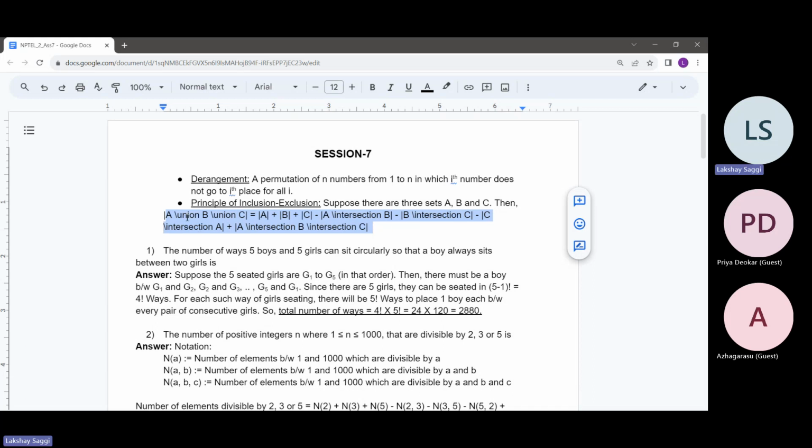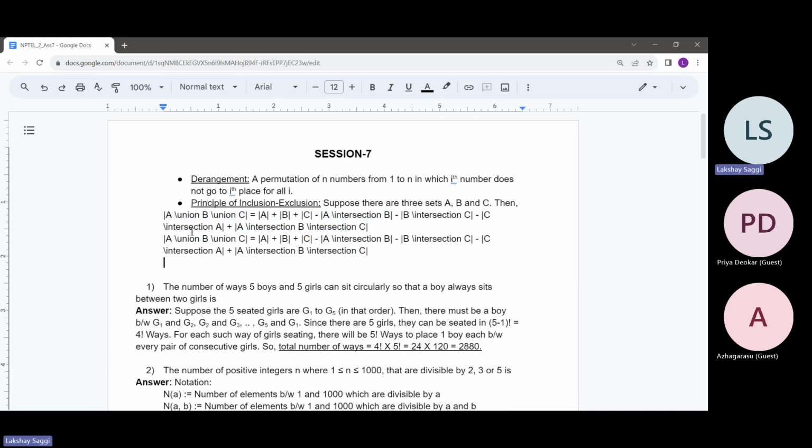So keeping the reasoning the same and taking intersections instead of unions, maybe I'll just write down the updated formula for that also.